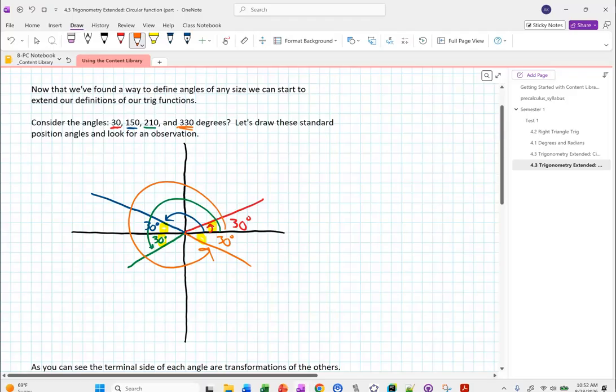So the important observation is that the terminal sides of these four different angles are all a reflection of each other, whether we're reflecting across the x-axis, the y-axis, or the line y equals x. These are just reflections from geometry. You remember this term from geometry?